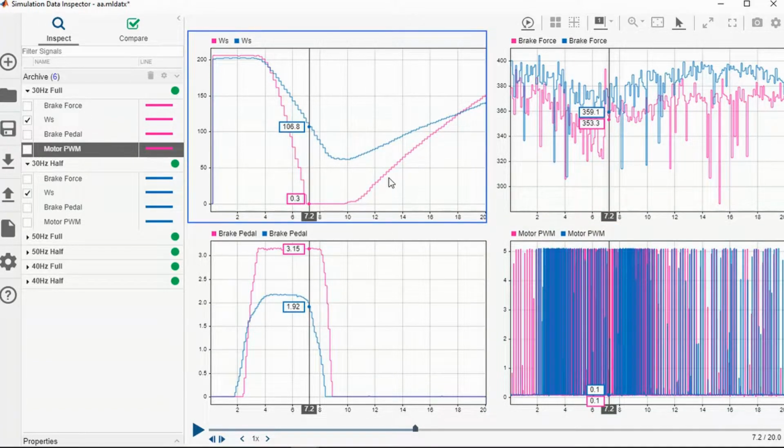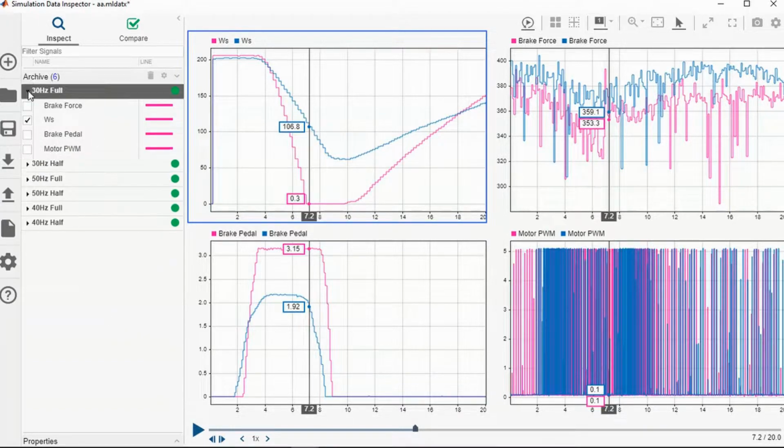So the first comparison I will show is the half press and the full press. Okay, as you can see here, I have six kinds of data. First, the 30 Hz input for the wheel speed with the applied force being full press.